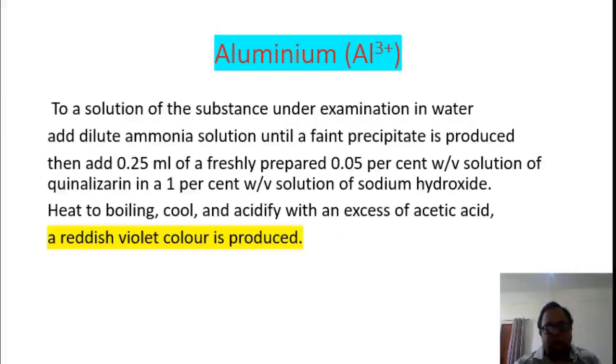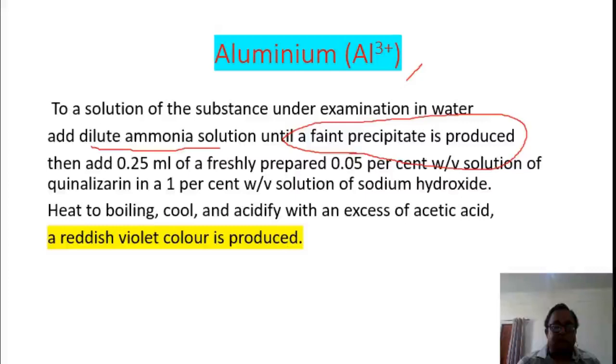Here is one more test for aluminium cation. In this test, like the previous test, we dissolve our test substance in water and dilute ammonia solution is added until a faint precipitate is produced. So my dear students, remember we have to add dilute ammonia solution until we get the faint precipitate.